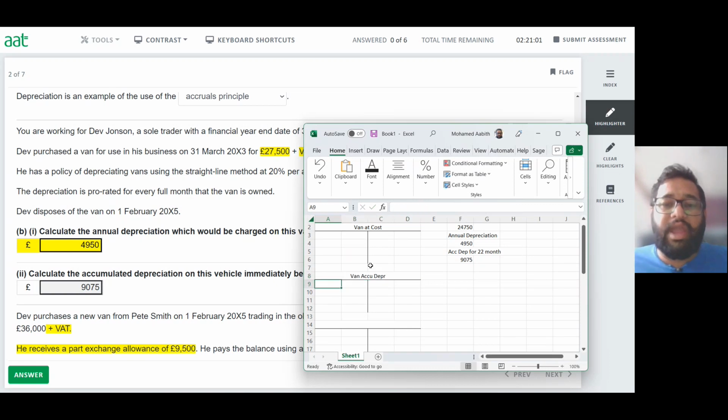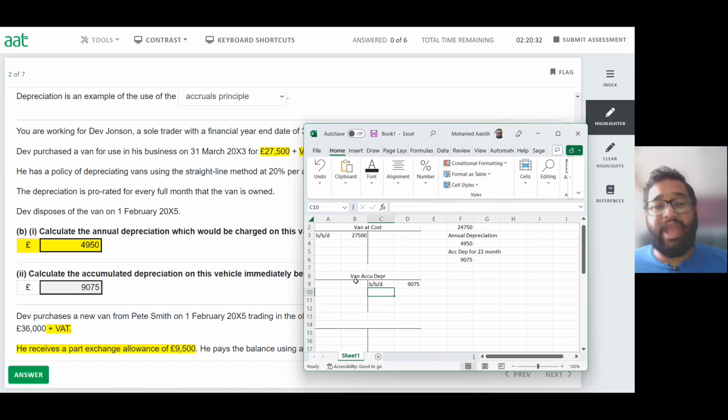So these two, I have this available now. At the time of disposing it, this has the cost value, balance brought down figure of £27,500. This one will have a balance brought down figure of £9,075 at the end of that 22 months. Not 12 months, means end of 22 months because it's been prorated.